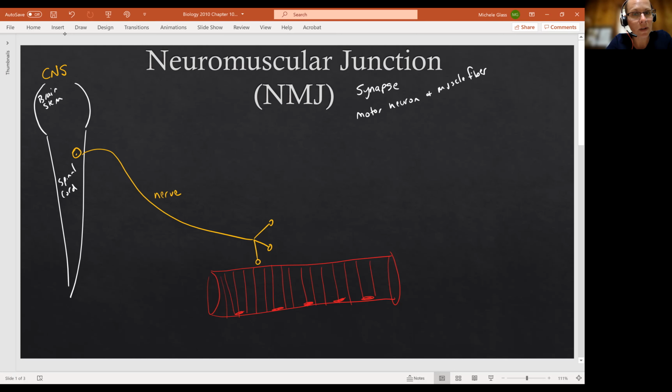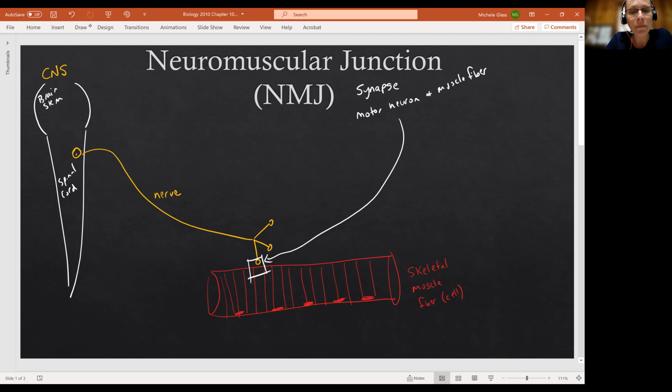So part of the cell is located there, and then part of the cell is extending out into what would be the nerve, and then synapsing onto our skeletal muscle fiber, which remember is just another way for us to think about the cell. And this place where the synapse is happening is what is called the neuromuscular junction, or NMJ.